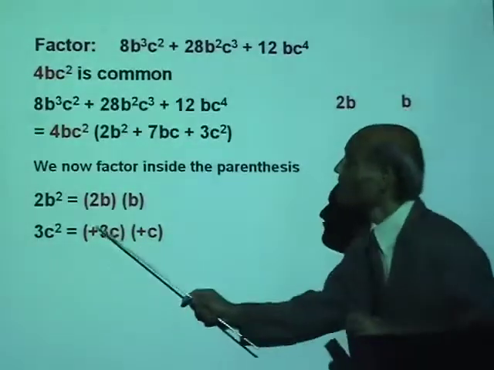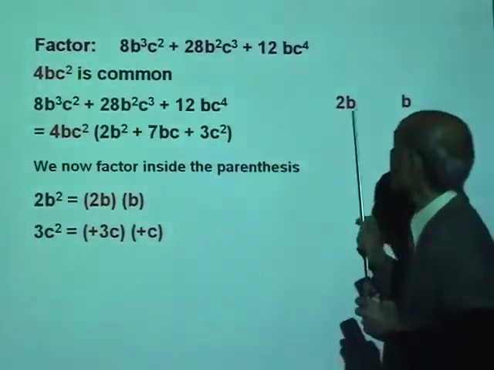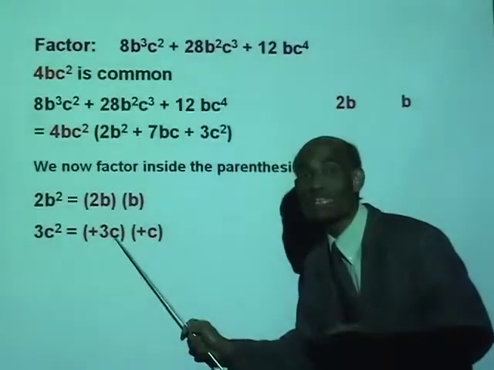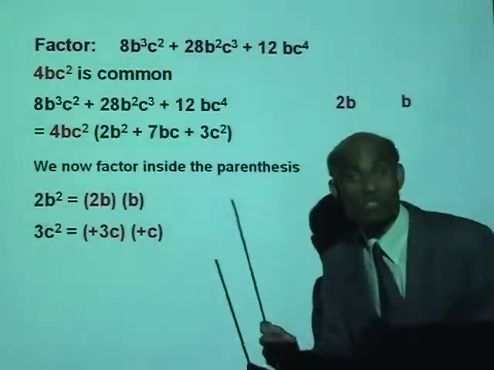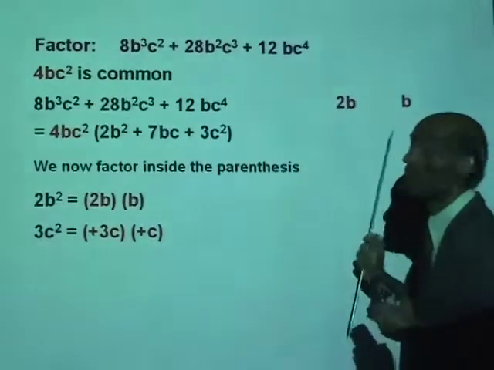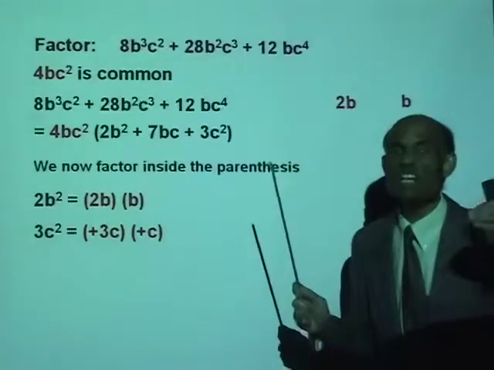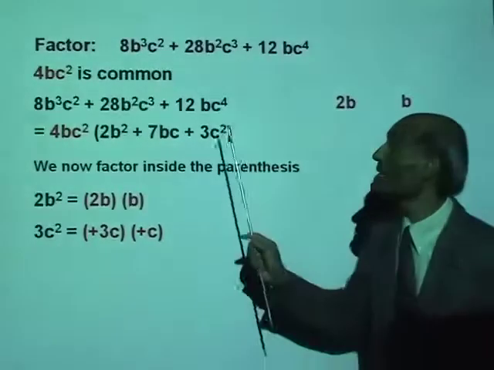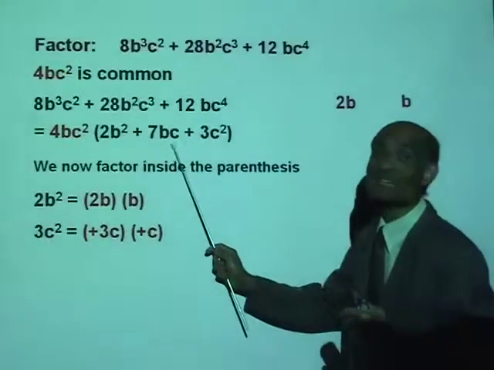And now, where do I write this positive 3c? I must write this positive 3c in such a position so that it will multiply with 2b, giving me 3c times 2b as 6bc. I'm aiming towards 7bc.